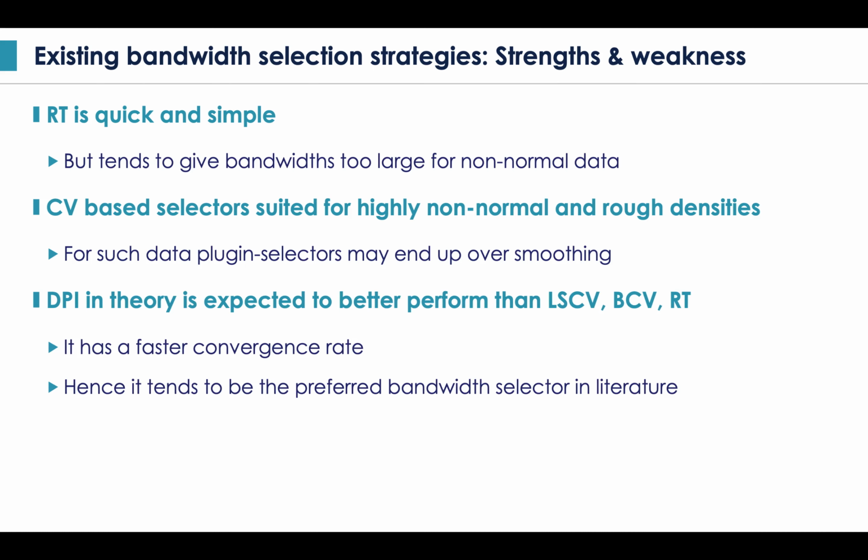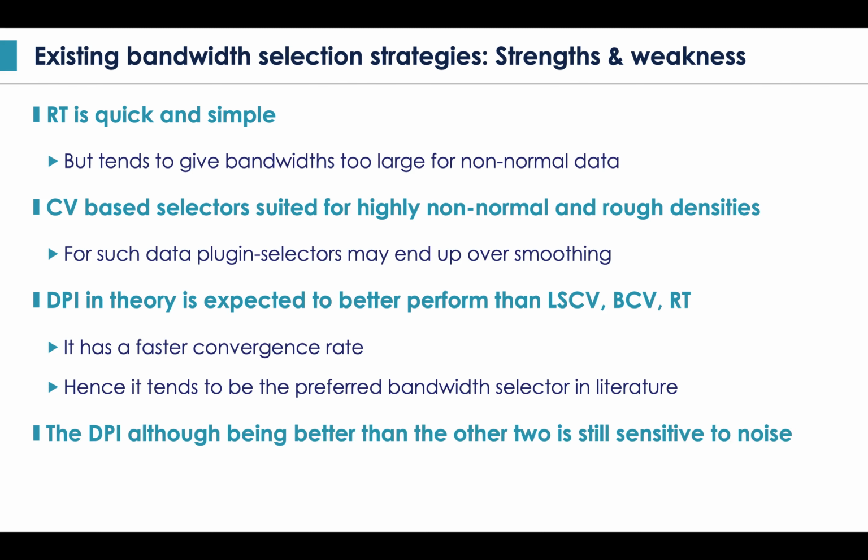If we look at the DPI, in theory it is expected to perform better than the above two. It has a faster convergence rate, and it tends to be the preferred bandwidth selector in the literature. So we'll use this as our benchmark to compare our algorithm. But this DPI sometimes doesn't perform very well when data is noisy. So let's look at these cases.